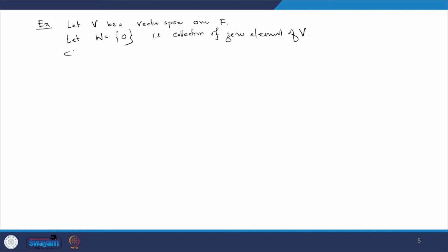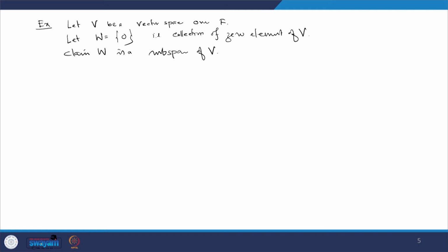Claim: W is a subspace of V. How to prove it? I have to check whether the criteria holds, that for any u and v belonging to W and c belonging to capital F, c*u + v belongs to W or not.